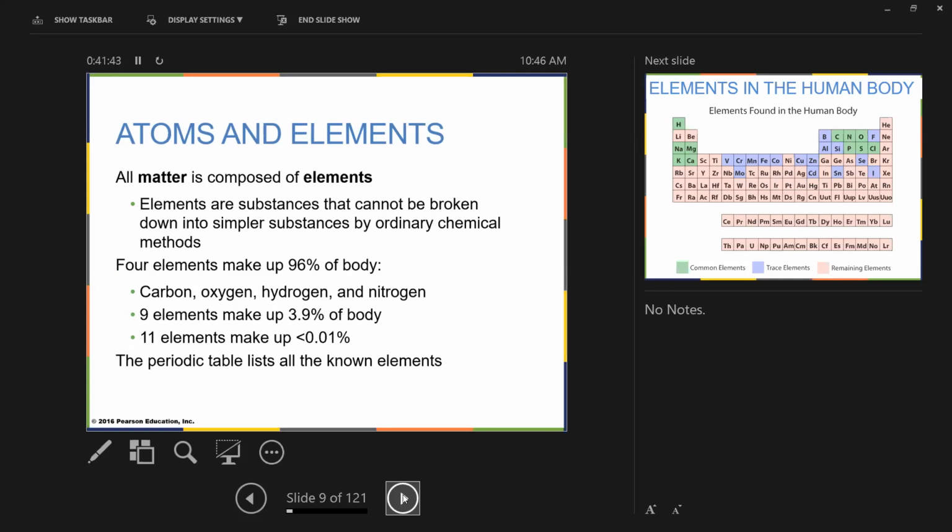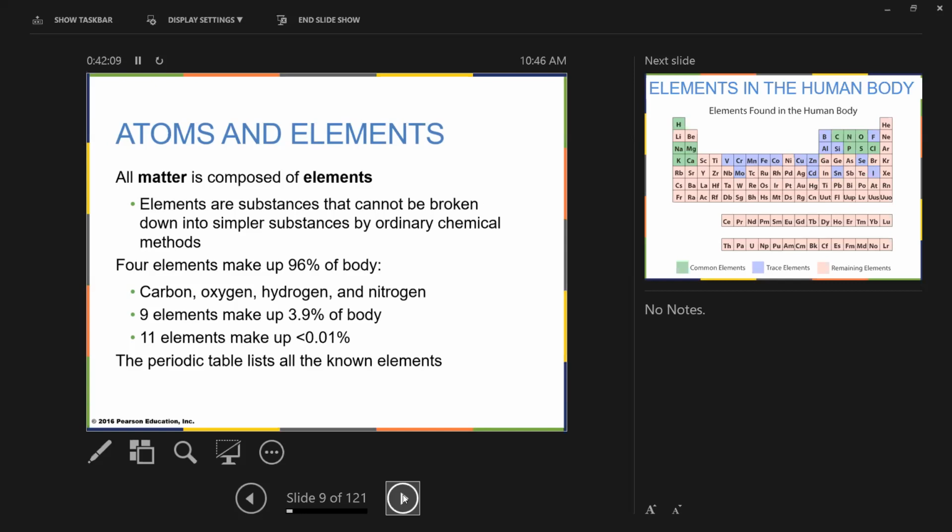Oxygen doesn't divide into anything smaller than oxygen. So all of these elements can't be broken down into something smaller than the element. Gold will always be gold, it can't be anything simpler than gold, or simpler than carbon, or simpler than hydrogen.